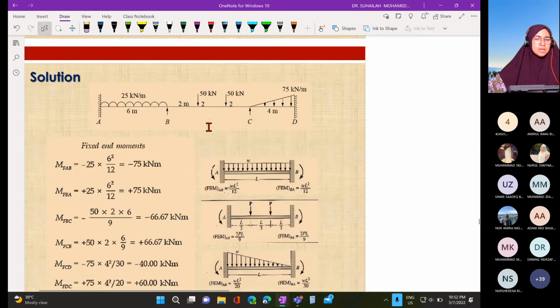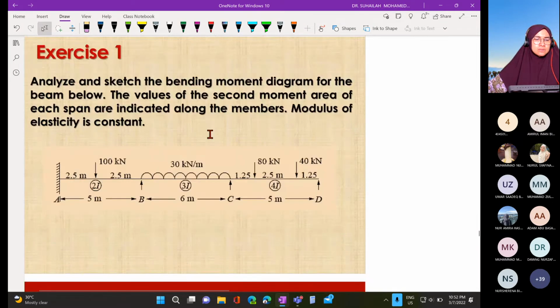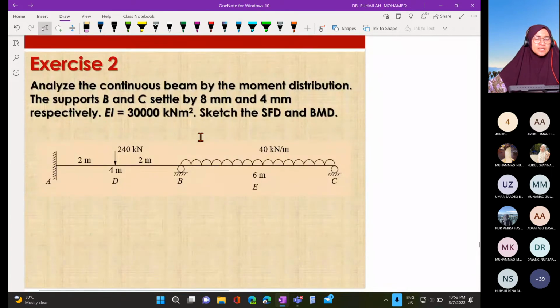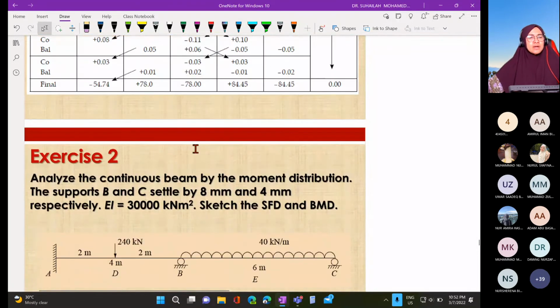Quite simple. Okay, that's about it, not too much. So this is settlement, which we will cover in your next class. Okay, any more questions?